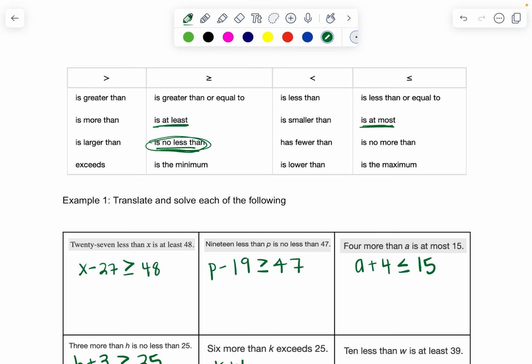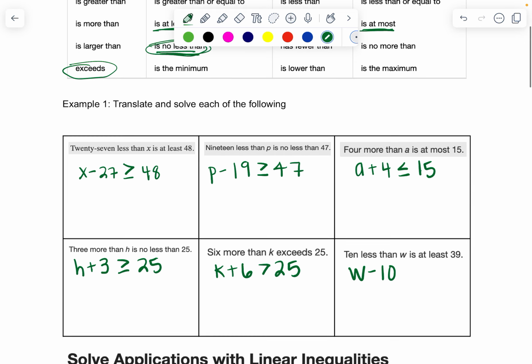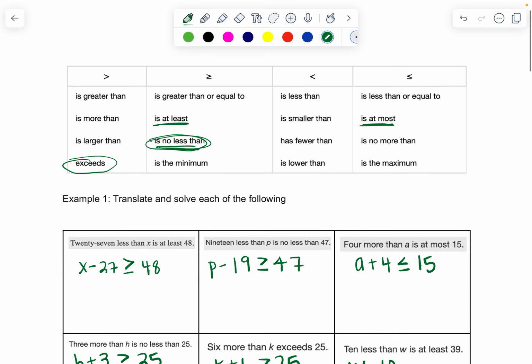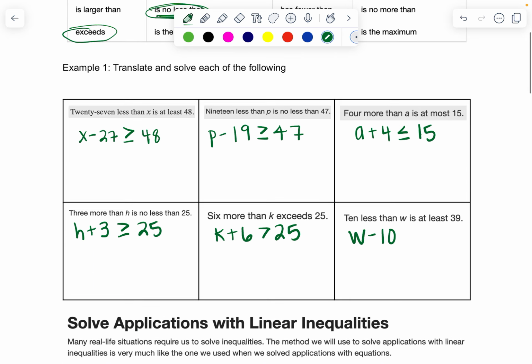Exceeds is up here and is greater than. 10 less than W, W take away 10 is at least 39. At least, we saw, is greater than or equal to 39.